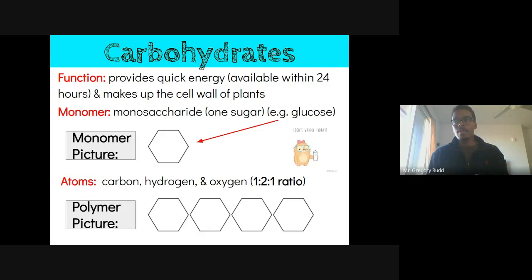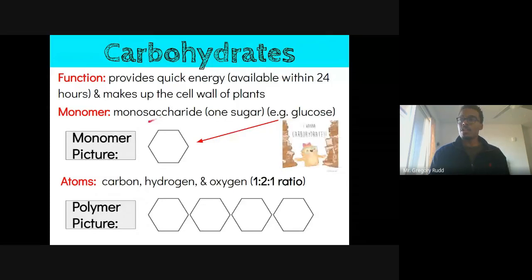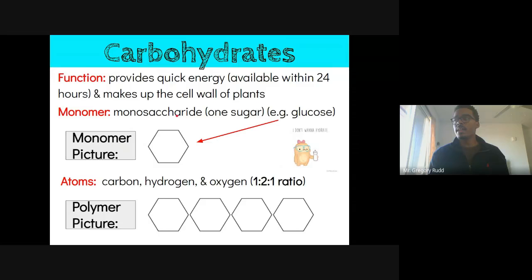The monomer, aka the building block, aka the subunit of a carbohydrate, is called a monosaccharide. Mono means one, and sac means sugar. Monosaccharide, therefore, means one sugar. So here's a picture of a monomer, a monosaccharide.